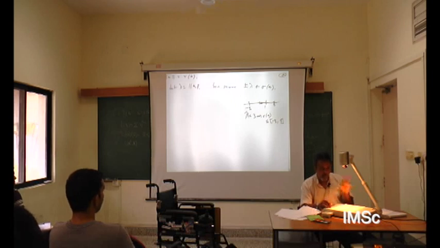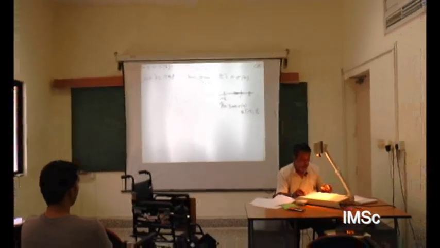So the spectrum is contained inside a disk whose radius is the norm, and hence also the spectral radius.